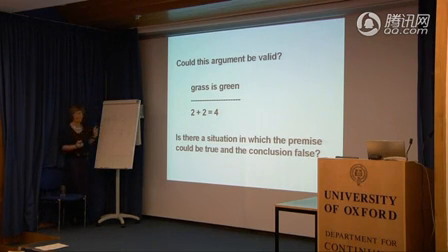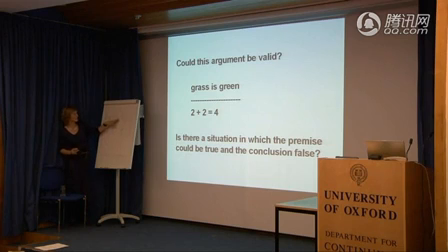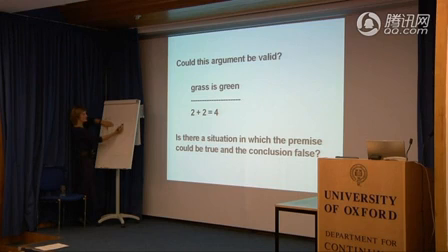Now, here's an argument. P and Q, Q, therefore P. Okay, you with me? Now, we can use this truth table to test whether this argument's valid. Here, the two premises are true, and the conclusion is true. So that's okay, that seems to be valid. Here, one premise is true, the other is false, and the conclusion's false. So that seems to be valid as well.